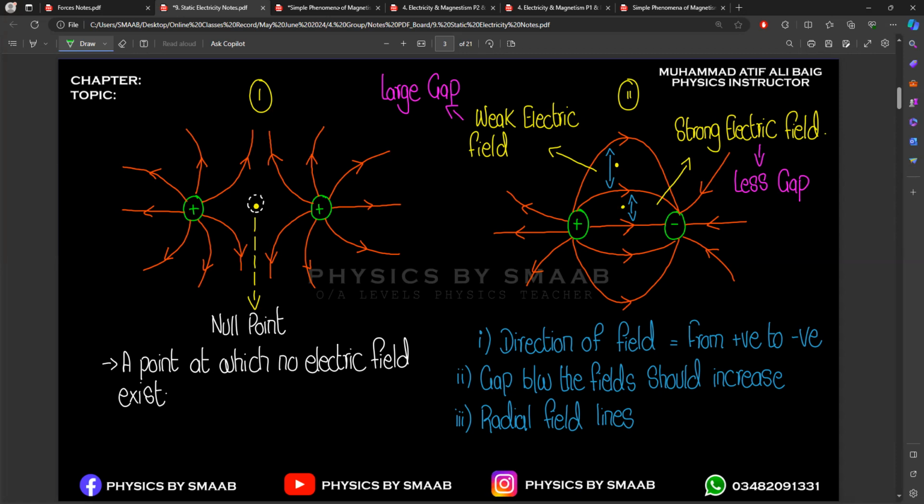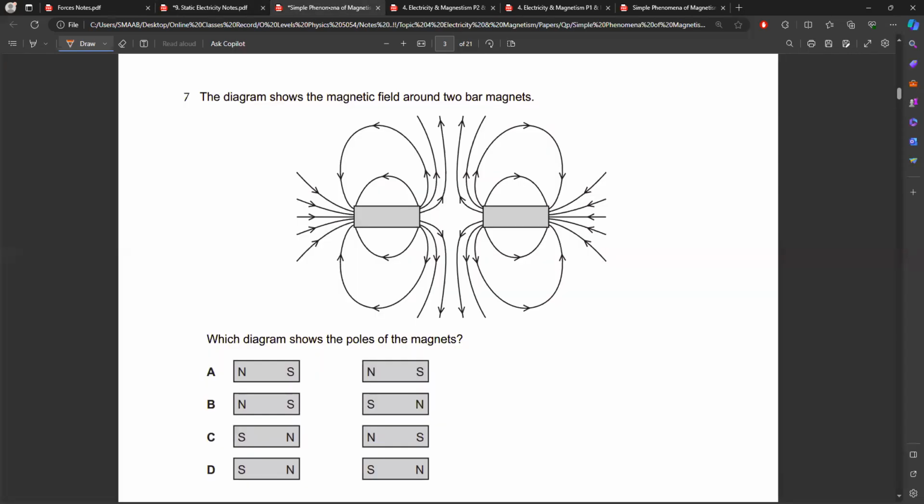And if we consider north and south, unlike poles, they will make the same field lines as in diagram number 2 because they will attract each other. If you consider the question and the field lines, the field lines are moving in an outward direction. So are these outward directions for north or south? It's C, for north.